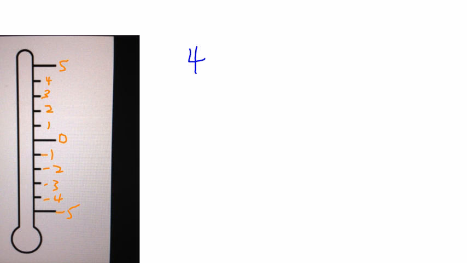It's going to go down 3 degrees. I want to know what the final temperature would be. So it's currently 4 degrees, and it's going to drop -3 degrees. It's going to go down by 3. So starting at 4, we're going to go down 1, 2, 3, which leaves us at 1. So 4 plus -3 equals 1.